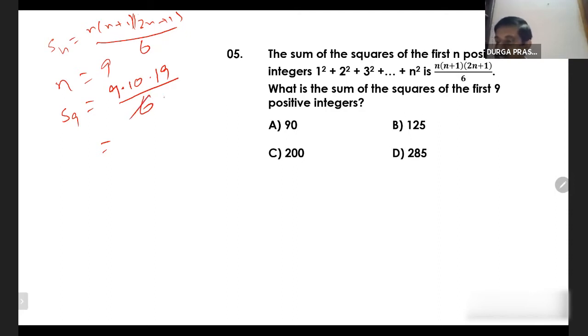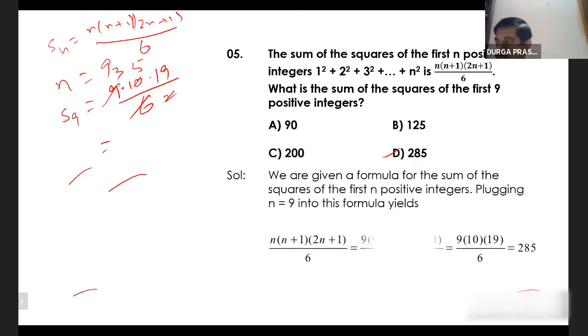So this is 3 2s, 3 3s, 2 5s. So 19 into 15. 15 15s is 225 plus 60, 285. Please note it fast.